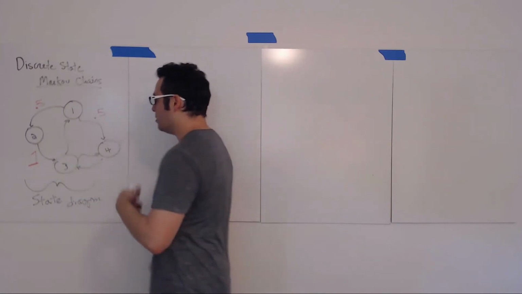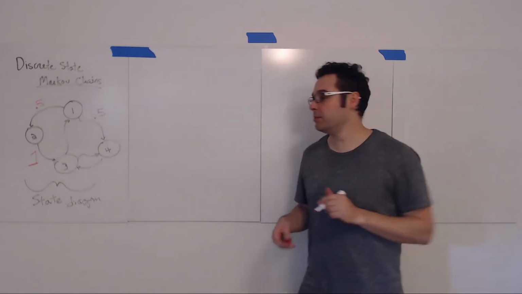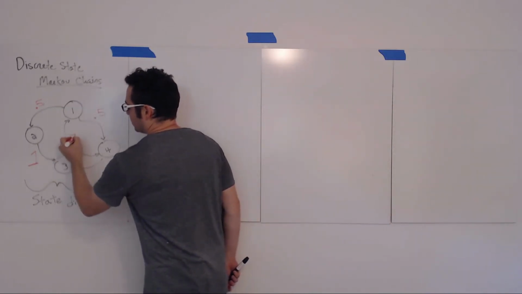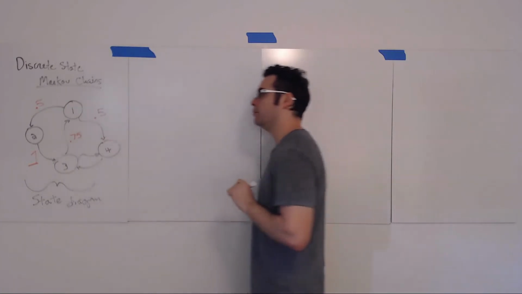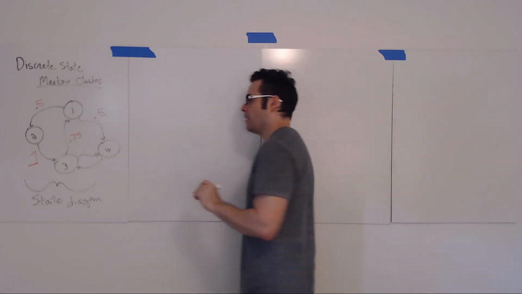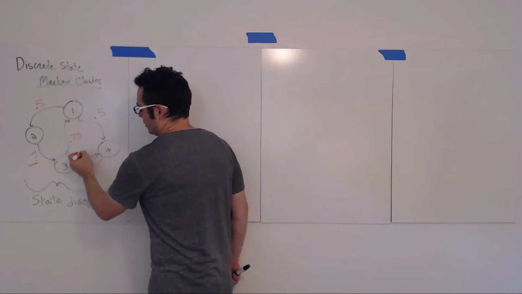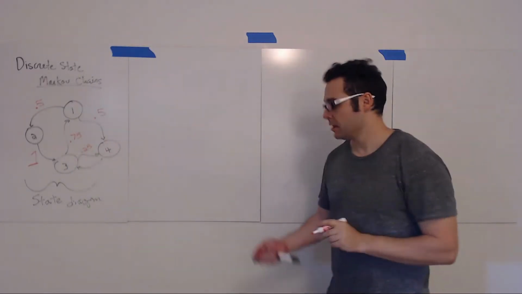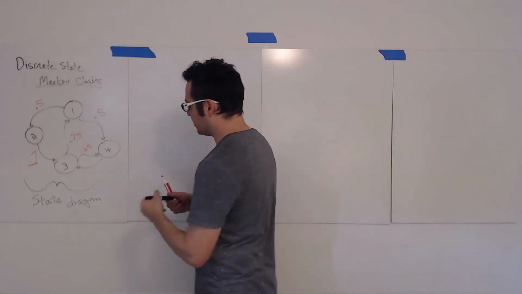For node 3, again, we're just making up probabilities here. So maybe we have a 75% chance that we go to node 1 and a 25% chance that we go to node 4. Now, node 4, I'm actually going to extend this a little bit.